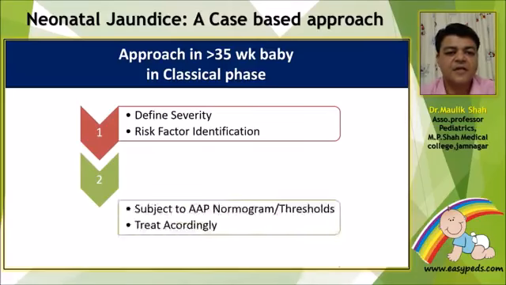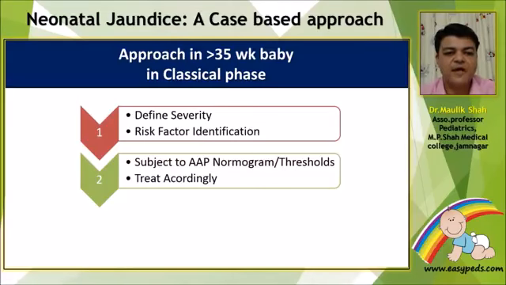After that, the second step is that we need to subject this particular total serum bilirubin level to AAP nomograms or thresholds, or whatever the region-specific or unit-specific policy is.